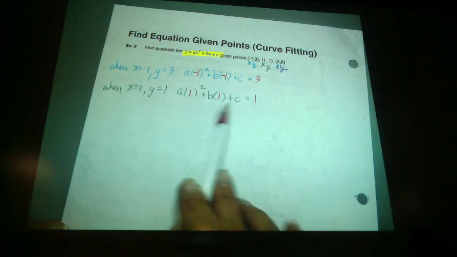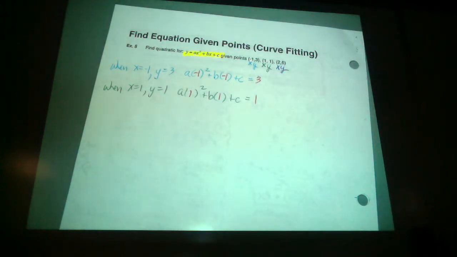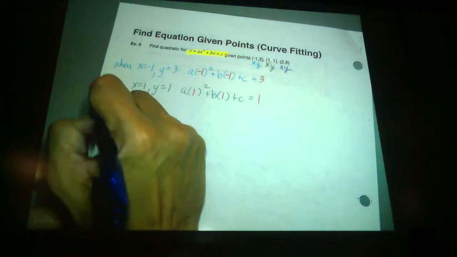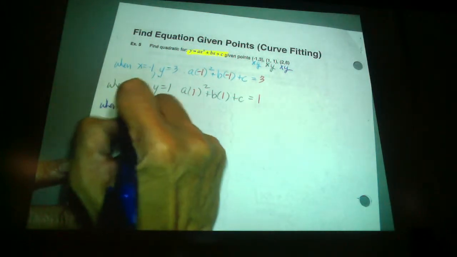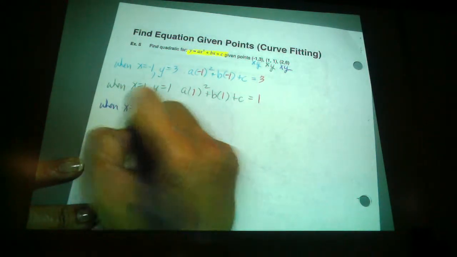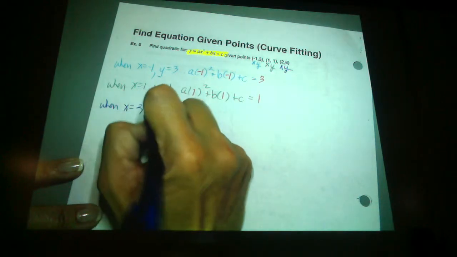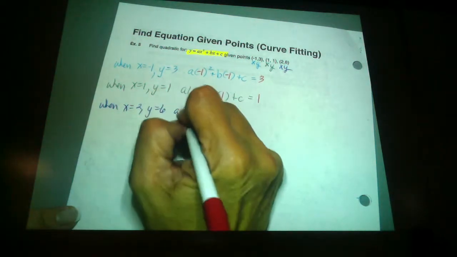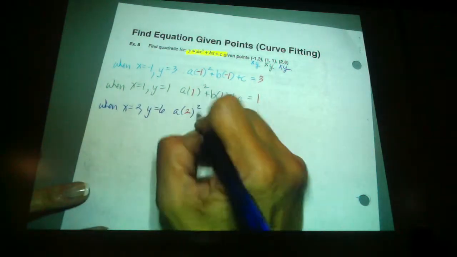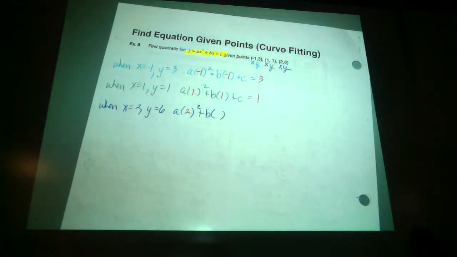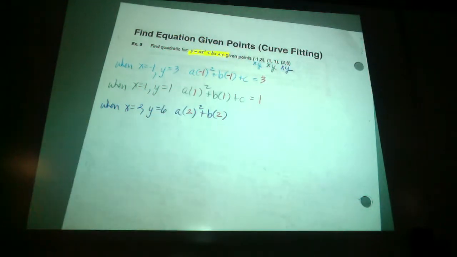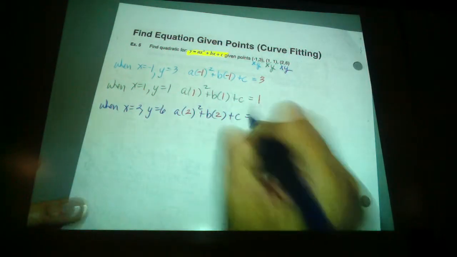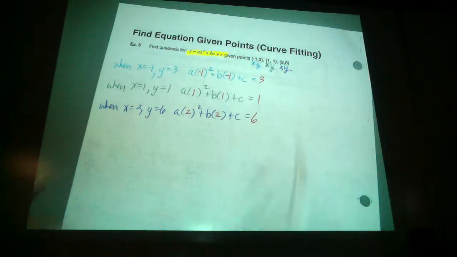Note I have 3 unknowns. How many equations do I need? 3. That's why you have 3 points. So when x is equal to 2, y is equal to 6. A times, instead of x, we're putting in a 2, plus b times, instead of x, we're putting in the 2 again, plus c equals our y is 6.